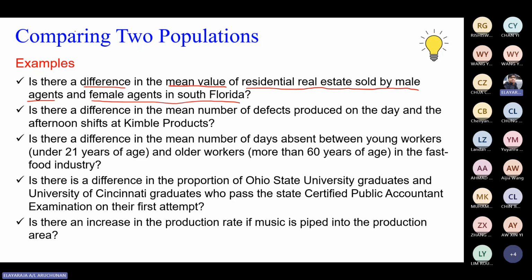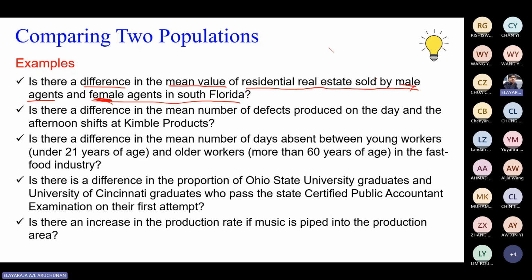So we're going to see the difference between male and female. So that is two different populations, two different sets of data that we're going to consider.